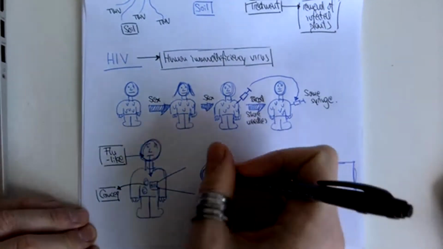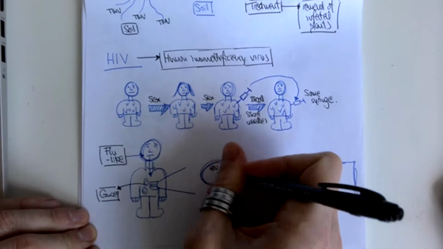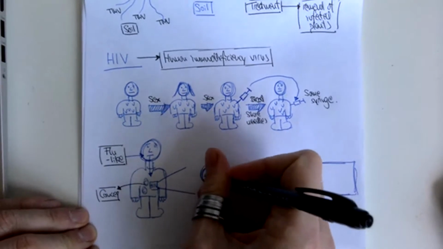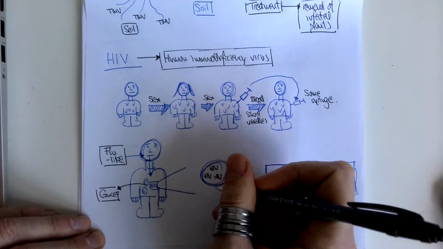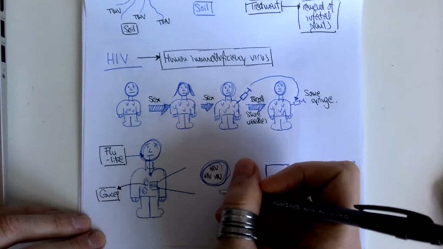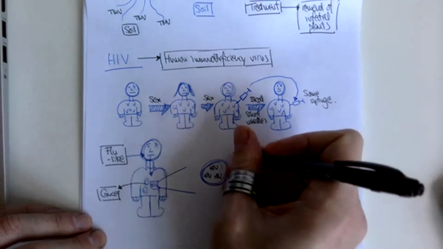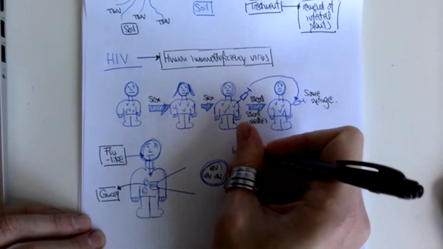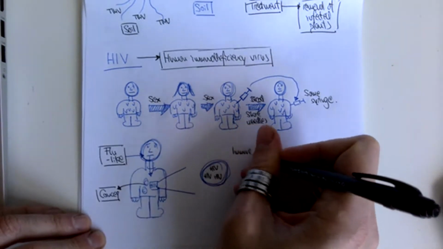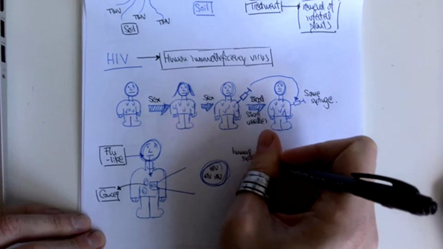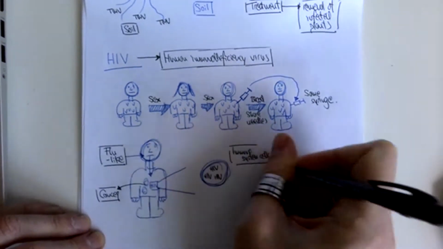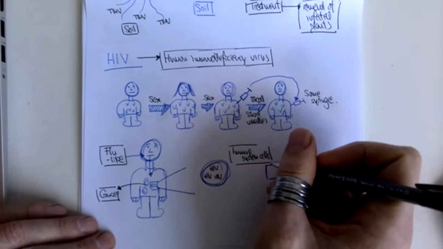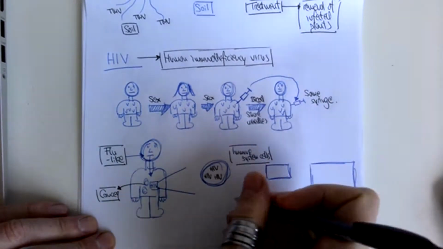Because what happens is that the virus attacks the body's immune cells and damages the immune system. So these become attacked and damaged.